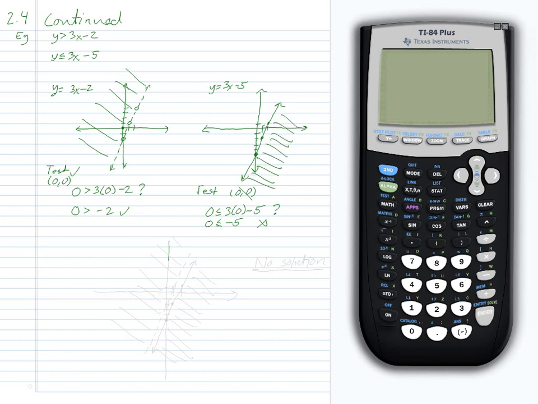So if I put these two ideas together, my dotted line had its y-intercept at -2 with a slope of 3.